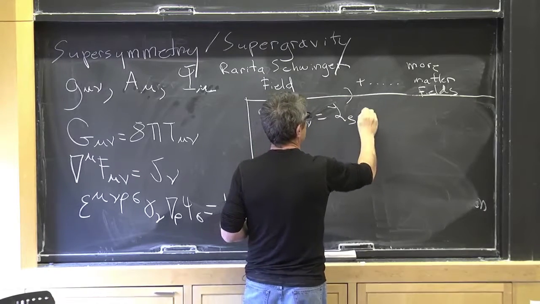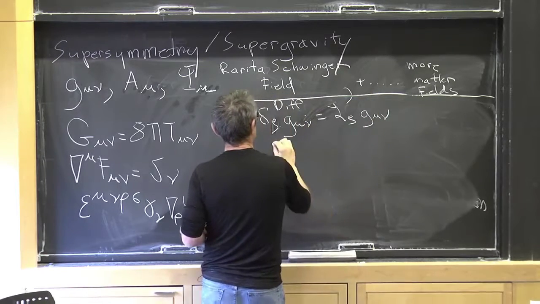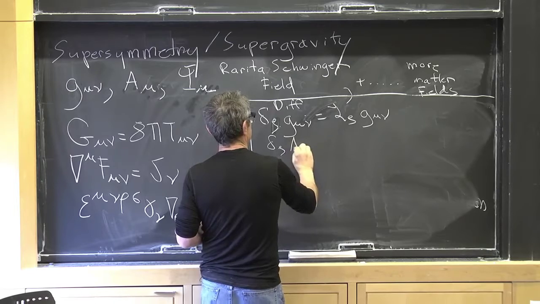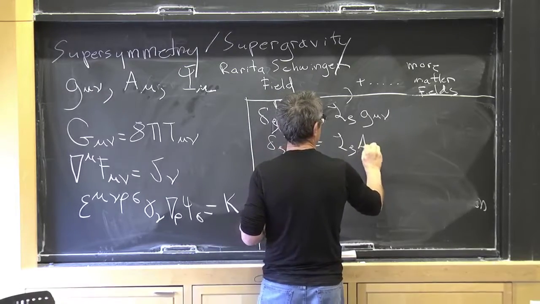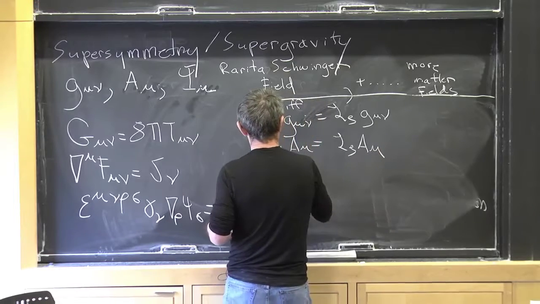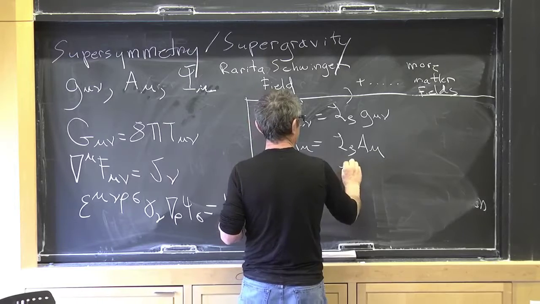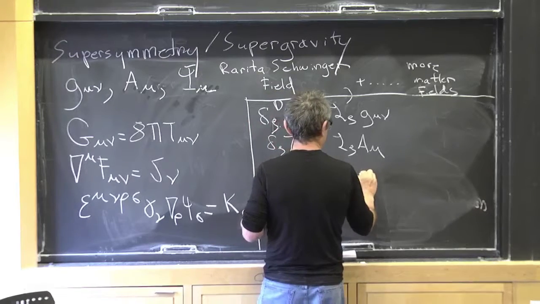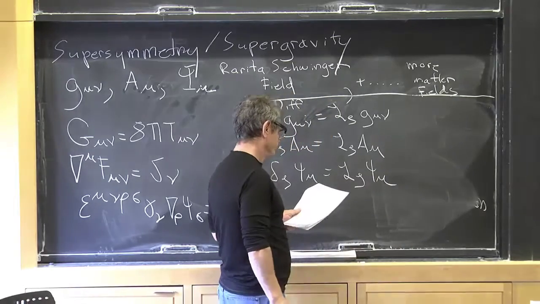Zeta is a vector field, is Lie zeta g mu nu, delta zeta A mu is Lie zeta A mu, and delta zeta psi mu similarly will be the Lie derivative of the spinor psi mu.